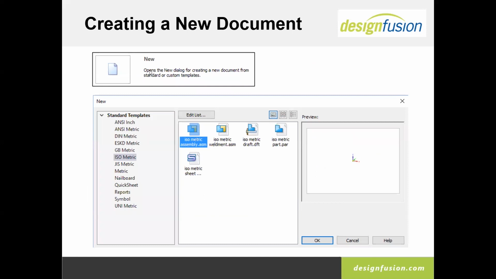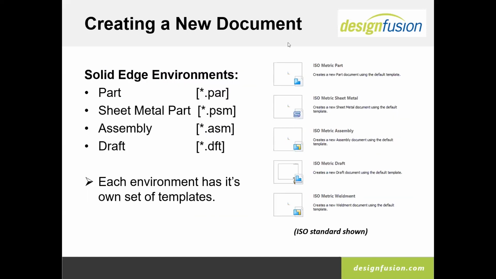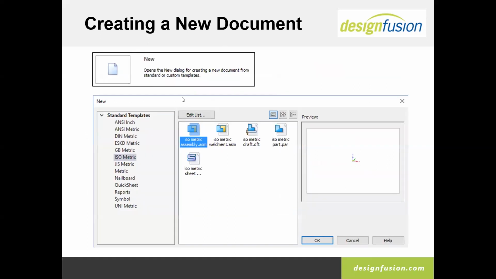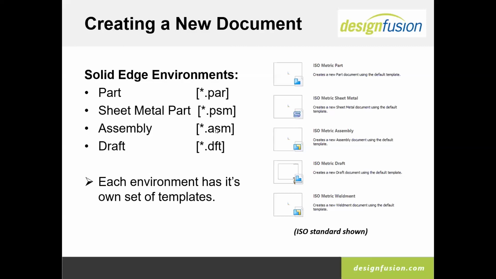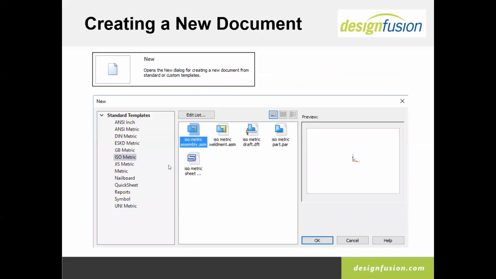If you select the New option, which would be at the top, it's not shown here, but it would be an icon above, and I'll be doing a demo shortly so you can see that. The New option takes you into the new template. So let's say I was set up as metric, but I wanted to do an imperial drawing or imperial part.